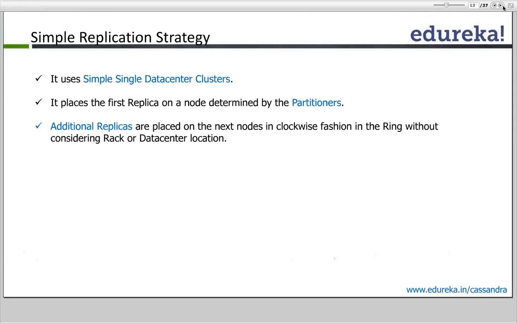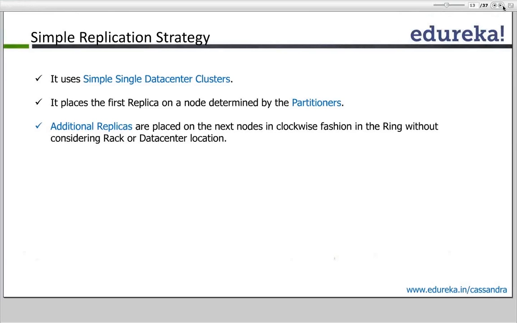In this case, if you see the example on the screen, we have a 4 node cluster with a Keyspace, let's not worry about the token values, we'll talk about them in detail. The Keyspace is of 100 keys, broken down into 4 pieces, 4 partitions, and then one partition is allocated to each node. So 0 to 25, 26 to 50, 51 to 75, and 76 to 100.